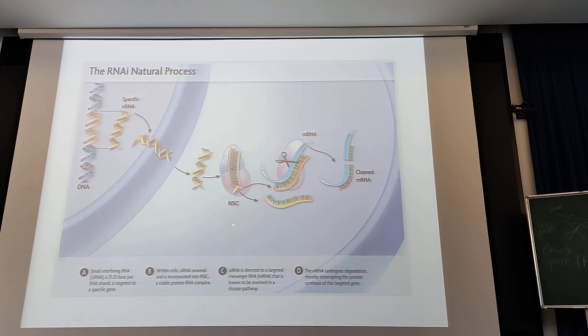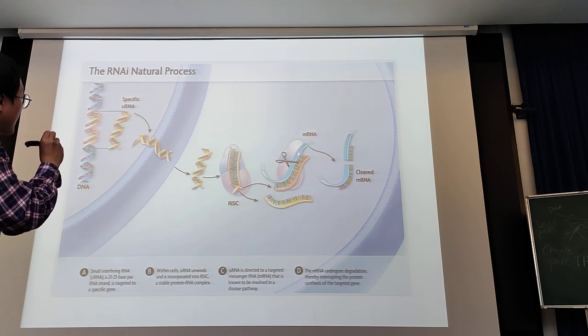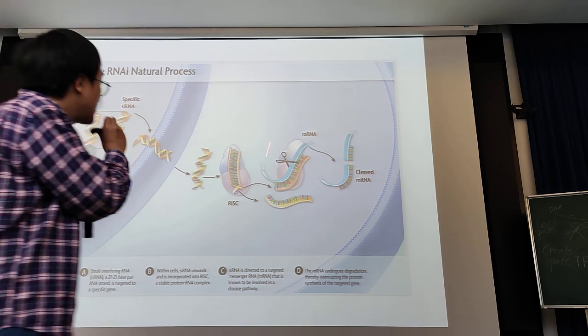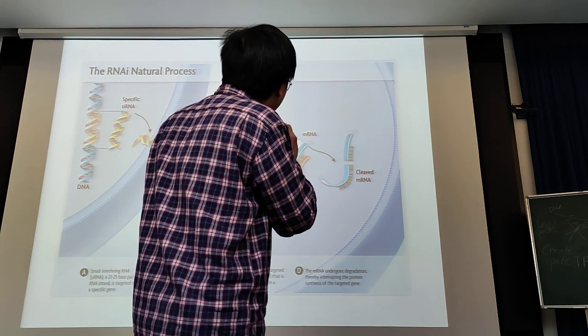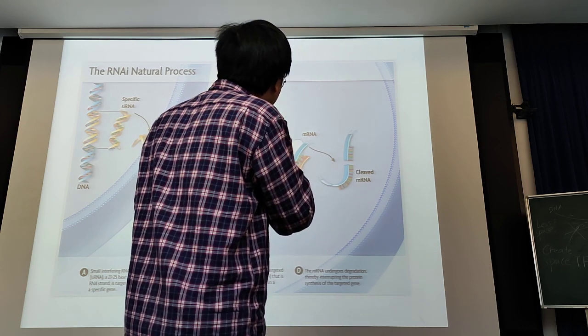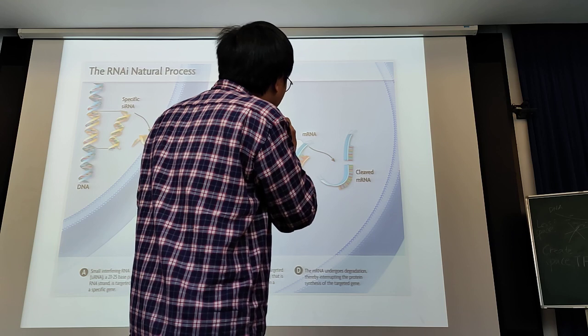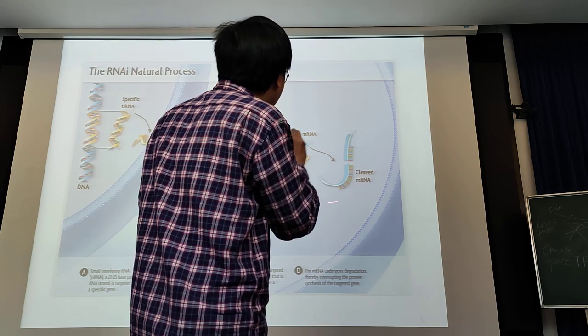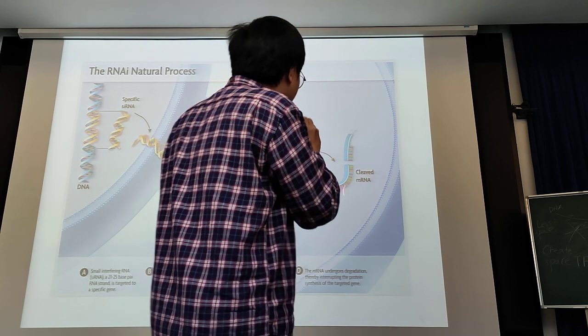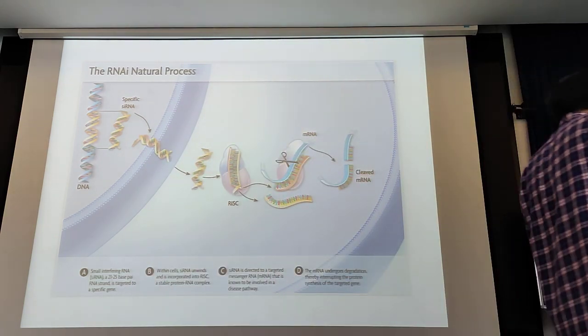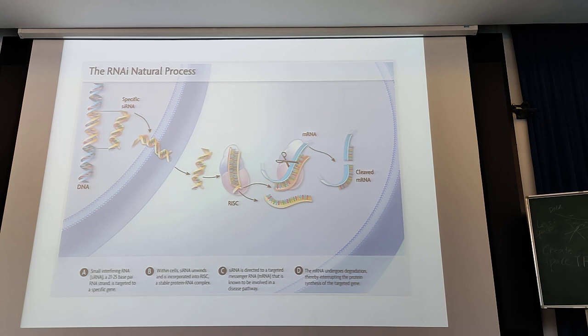But this combines with a complex called RISC and Dicer, which will cut and erase the mRNA that has the sequence matched with the siRNA here. When the machinery with the guide RNA catches an mRNA that has the matching sequence, it will immediately cut it off and eliminate that mRNA from the system. And no mRNA, no translation, no protein product from the system. Okay?